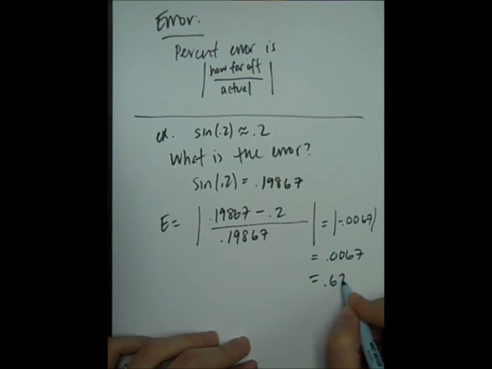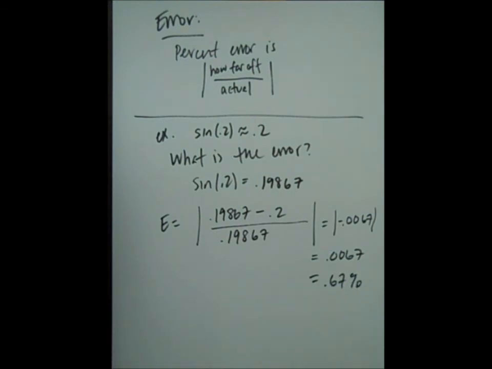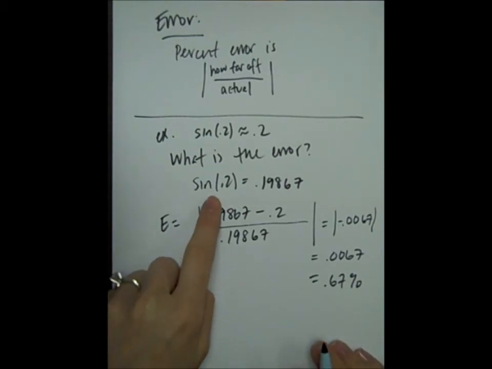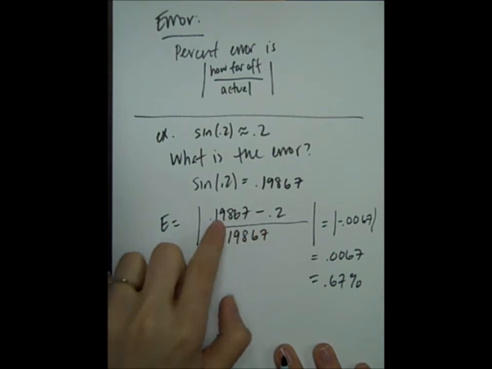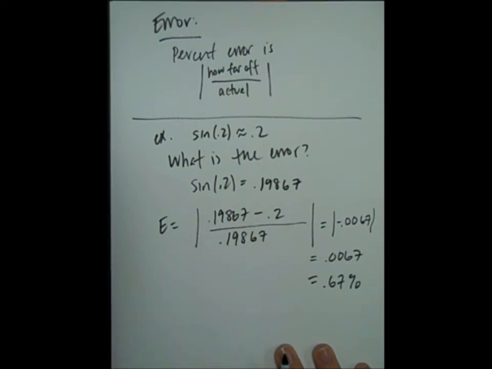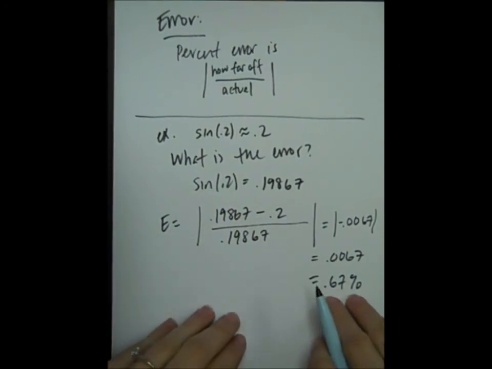So this is 0.67%. So to find the error, you're going to find out what was the actual answer that I was looking for. And then in the numerator, you'll say, how far was I off? So what was the difference between the actual answer and my answer?